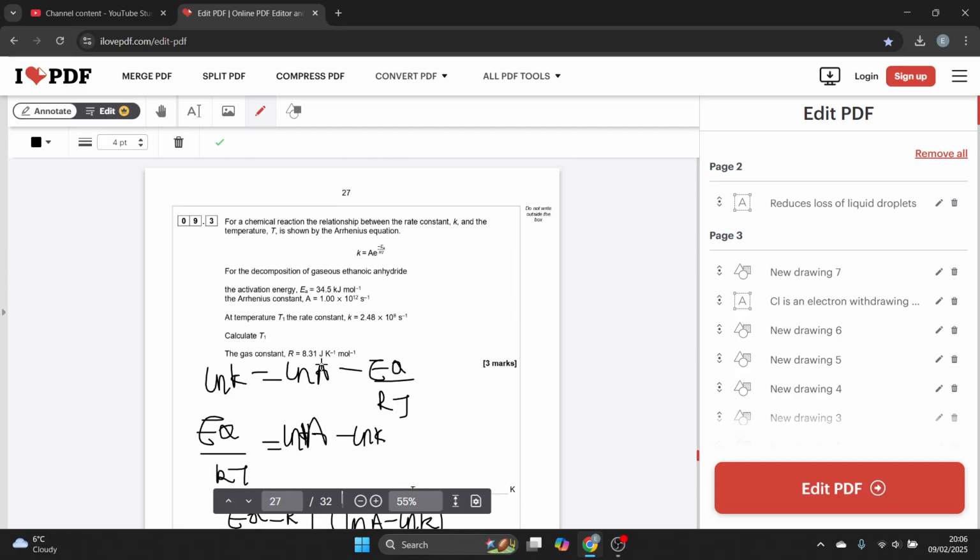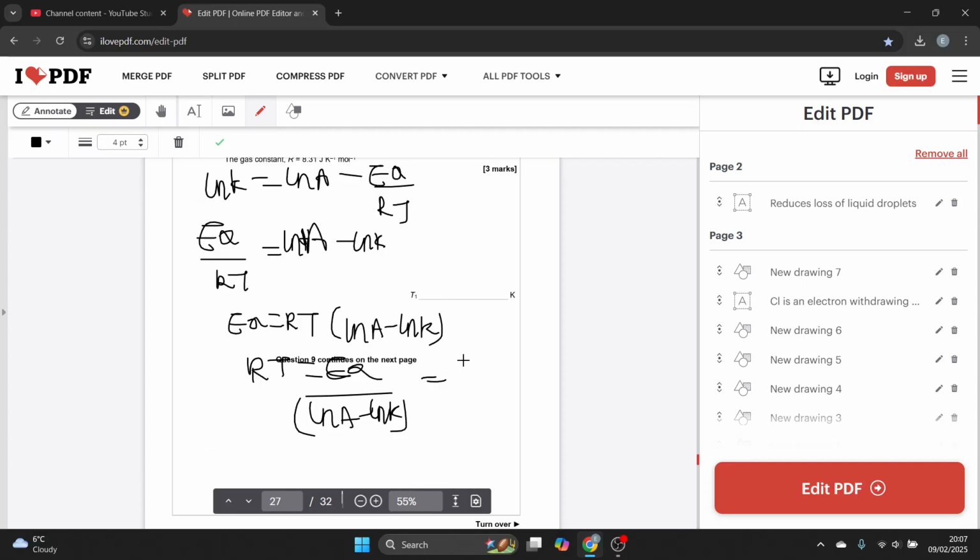Okay, EA is given in kilojoules, but I want it in joules because R is measured in joules, so it's going to be 34,500.